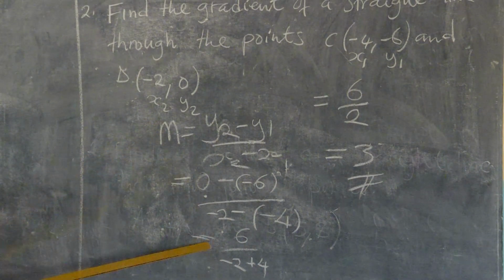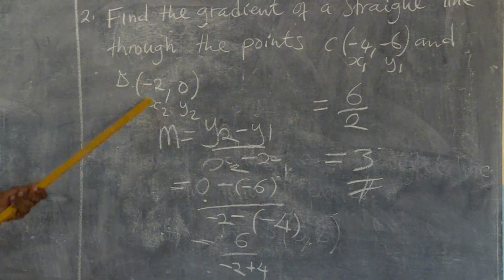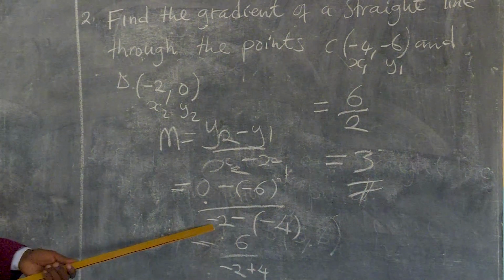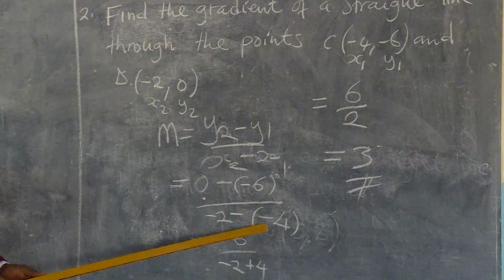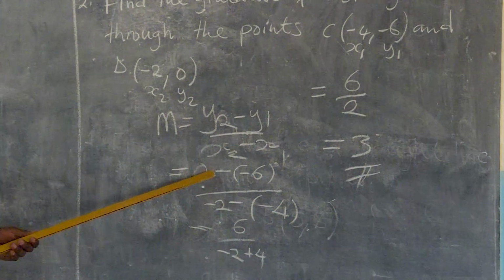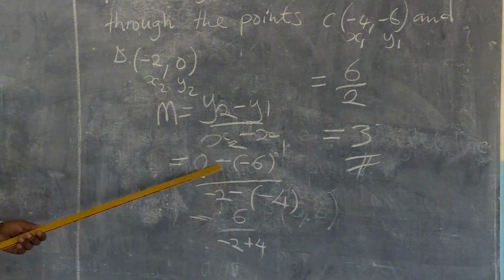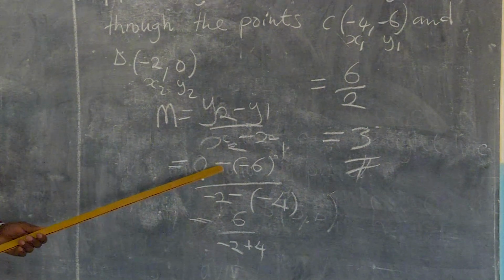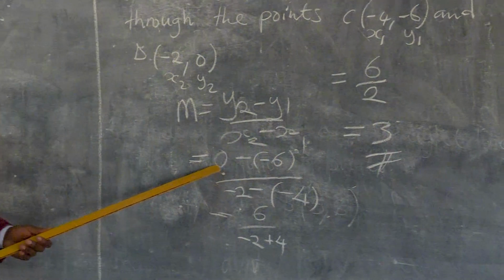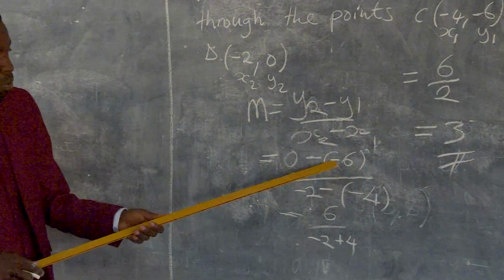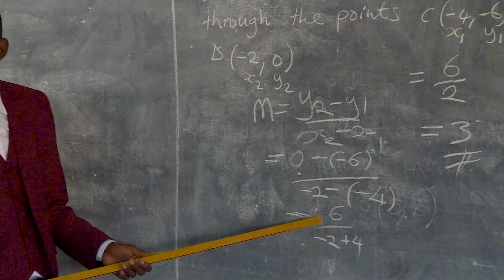Then on the x2, it is -2, so write exactly what it is, -2 minus, then the x1, which is -4. So when these signs are following each other, it means there is multiplication. So negative times negative, it is positive. So we are saying 0 plus 6. So 0 plus 6, we have positive 6.